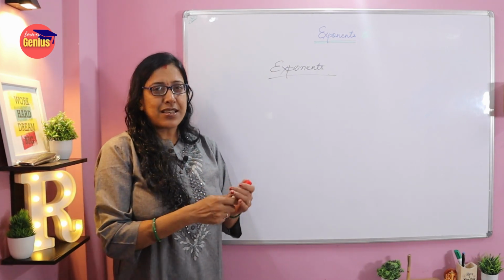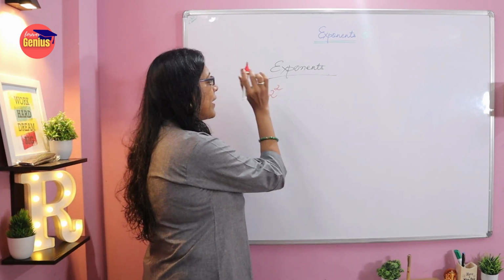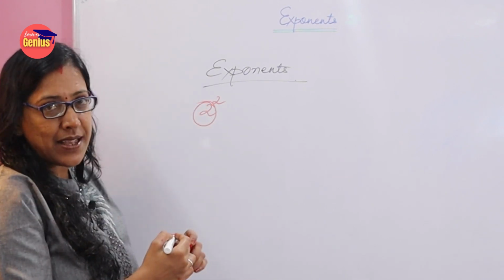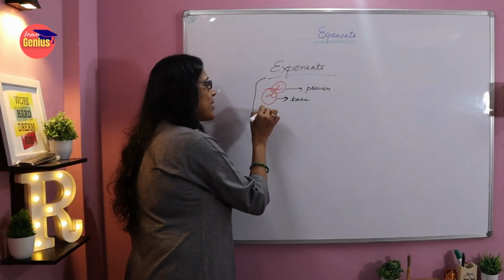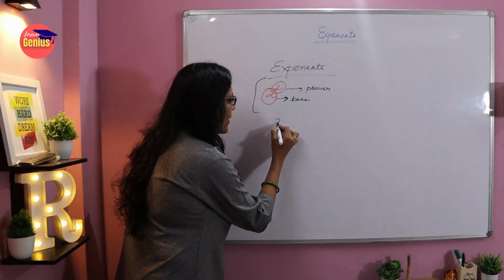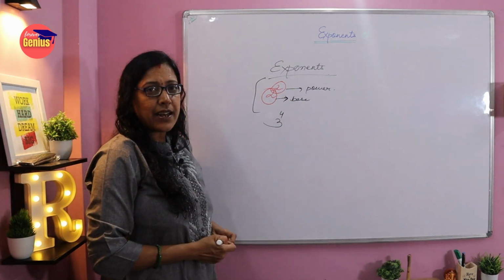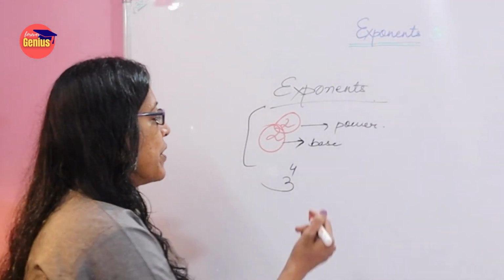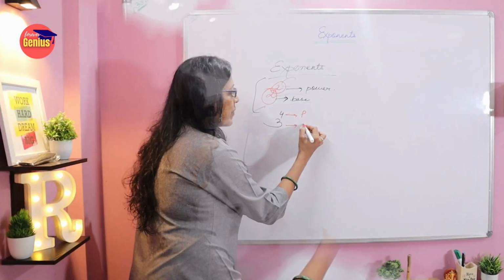So let's see. Suppose I write 2 and here 2. So this is known as base and this is known as power. So from this we understood that anything written above the number, that is power. So this is power and this is base.